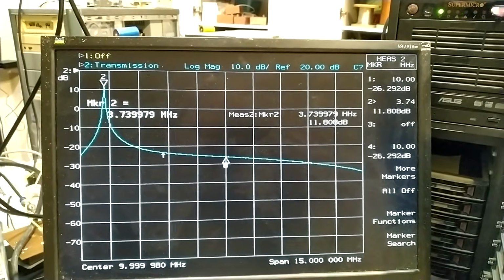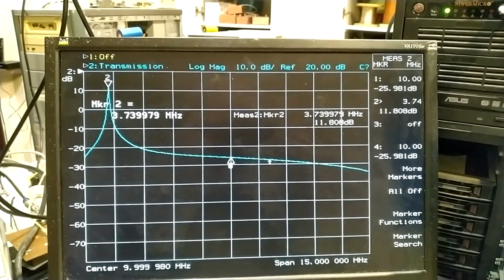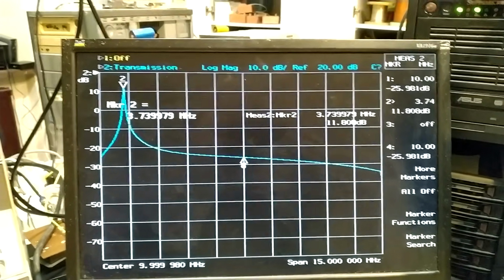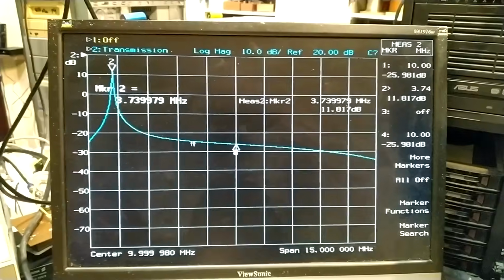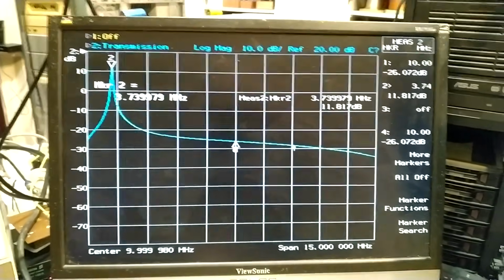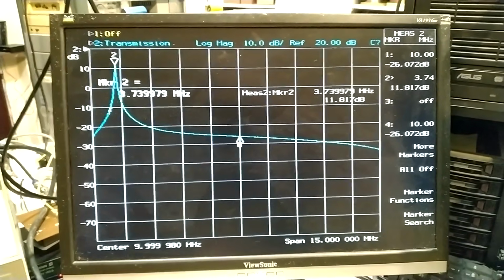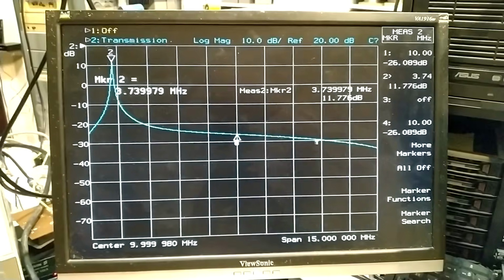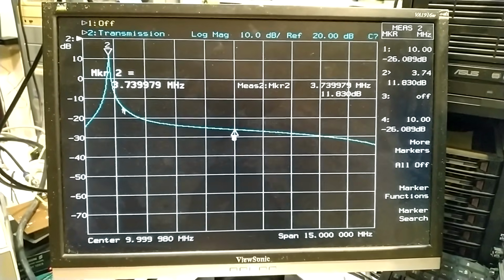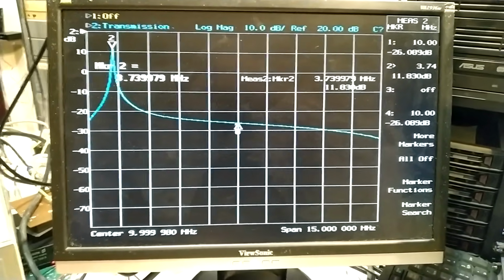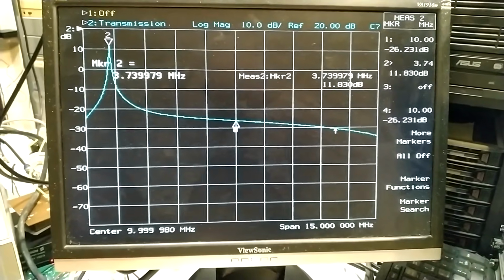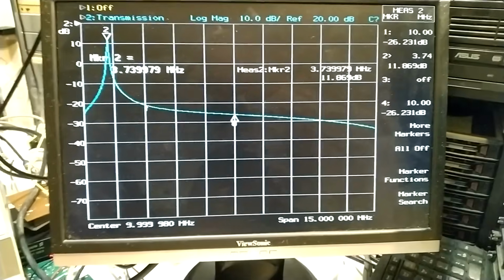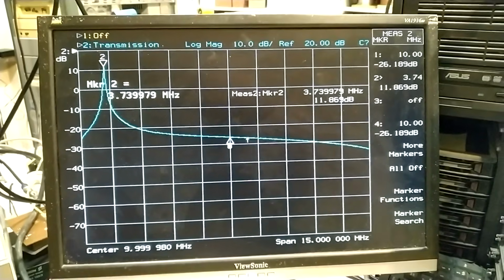When I tried to make an oscillator, I found there were 2 frequencies present at the same time, the 10 MHz plus something much lower. So when I look at the response through the amplifier at 15 MHz span, I see a strong resonance at 3.74 megahertz.